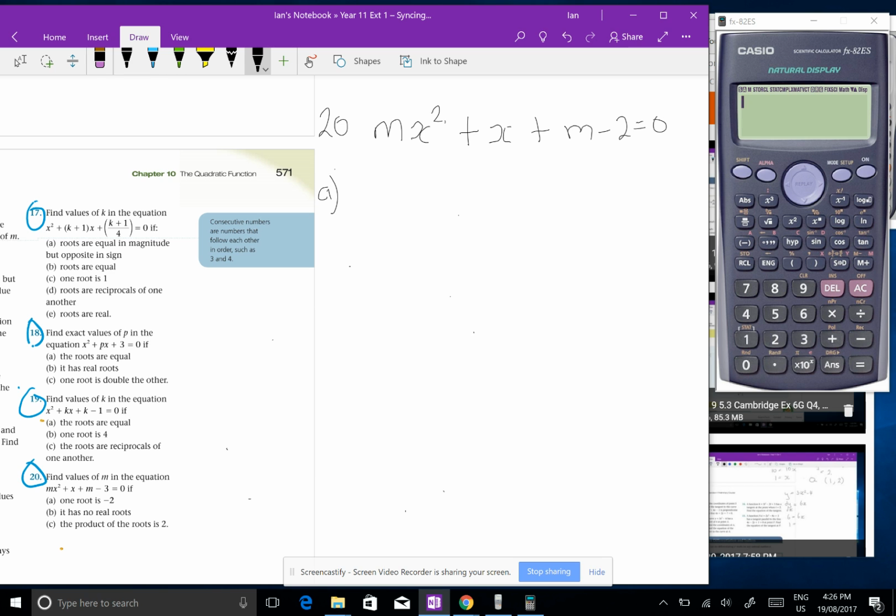Well, I will do A. It's pretty easy. If one of the roots is negative 2, I'm going to put it in there. So let x equal negative 2, and that'll make it equal 0.